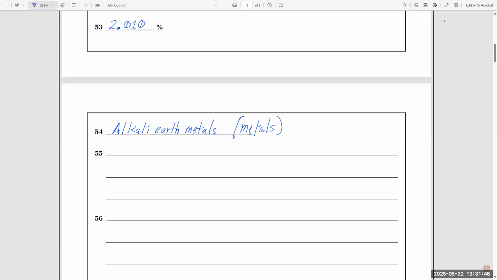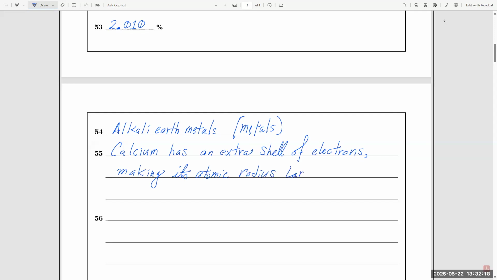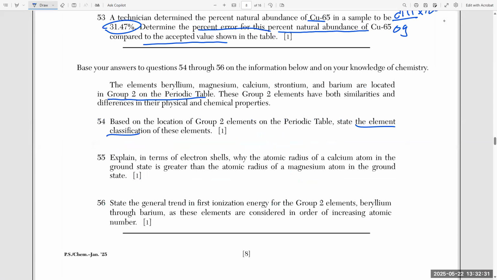So we can say that calcium has an extra shell of electrons, making its atomic radius larger than that of magnesium. Okay. Onwards.